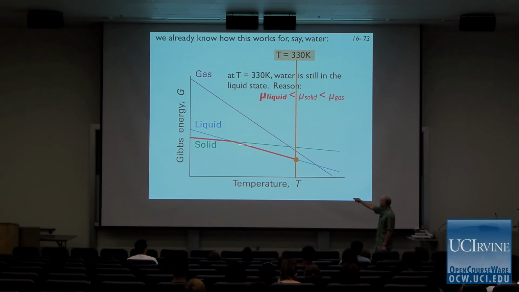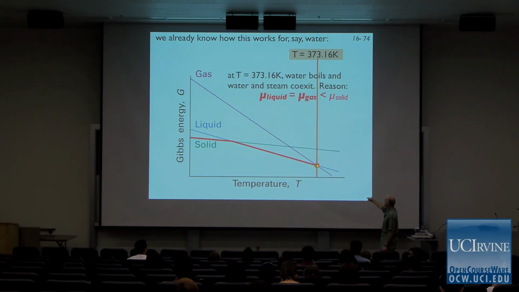And so if we heat the system up to 330 degrees Kelvin, that's above the melting point of ice. We're tracking now the liquid phase. The system stays in the liquid phase because everywhere along this line, it is the minimum Gibbs energy that's possible for the system. When we arrive at the boiling point of water, 373.16 degrees Kelvin, the chemical potentials of liquid and gas phase water are equal to one another.